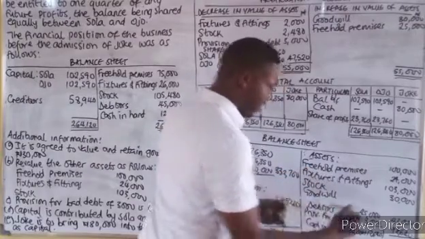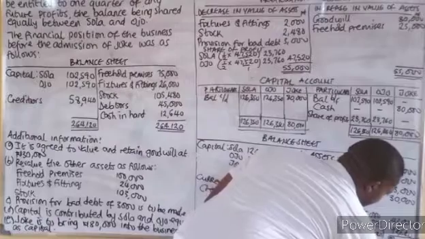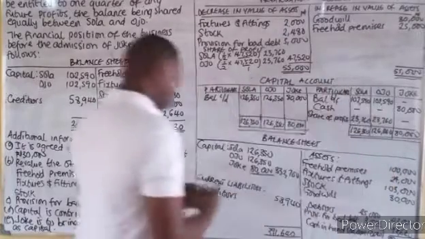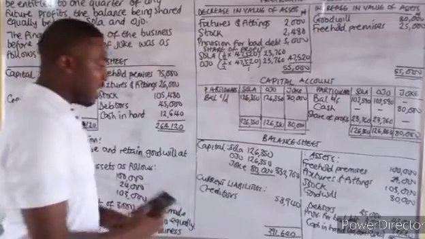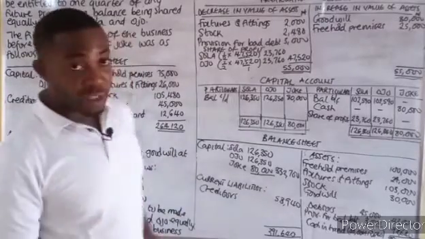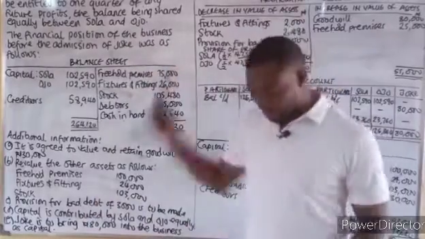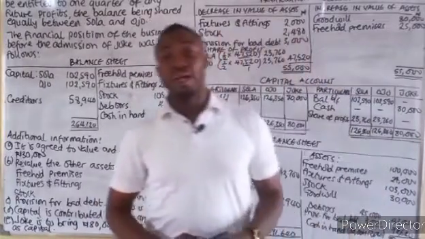It gives us the same thing, 391,640. So that is to show that our balance sheet balanced automatically. It shows that what we did was correct. So that's how to show up the revaluation account.